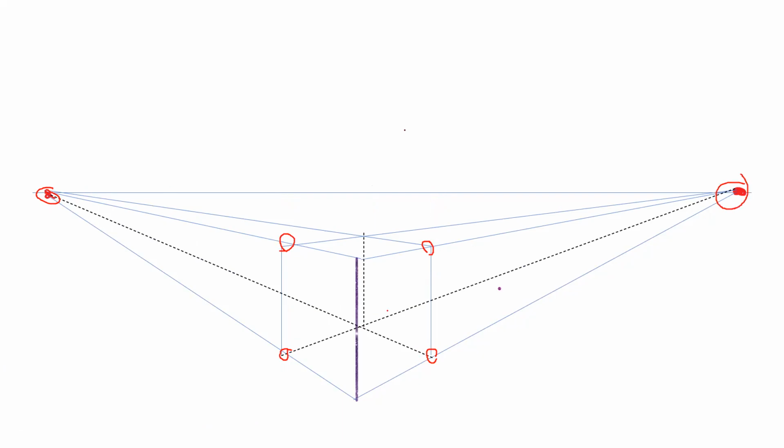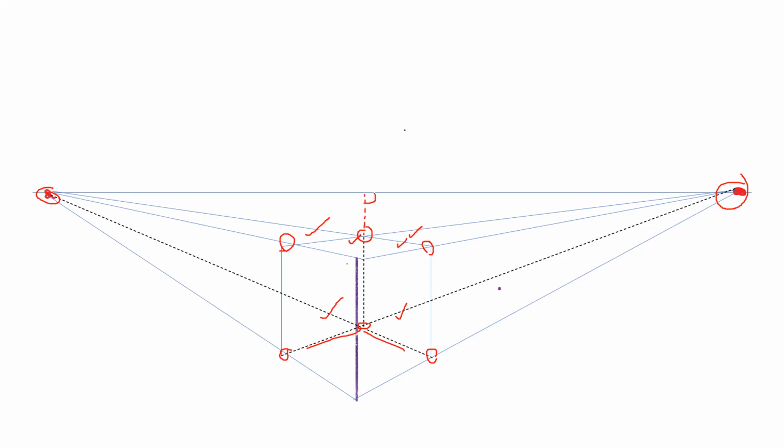Now that we have done this joining, we can see these dotted lines, 1 and 2. These two lines meet at this point, and this line and this line meet at a point right here. We're going to join them with a straight line, and this line should also be perpendicular to the horizon.